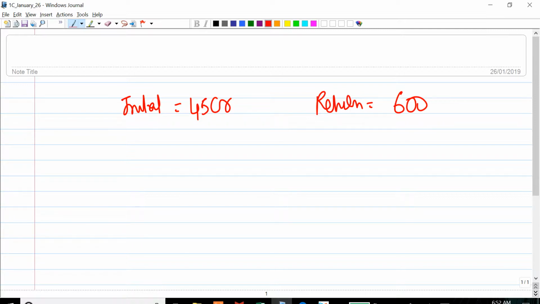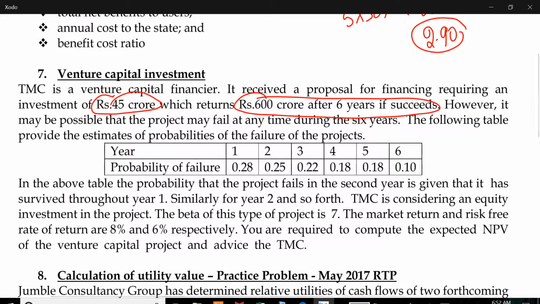The probability of success is equal to, listen, the project can fail in the first year. So the probability of success is the probability of success in year 1 into the probability of success in year 2 into the probability of success in year 3, year 4, year 5, year 6. It has to survive all the years and reach the end. It can fail at any point of time in between.